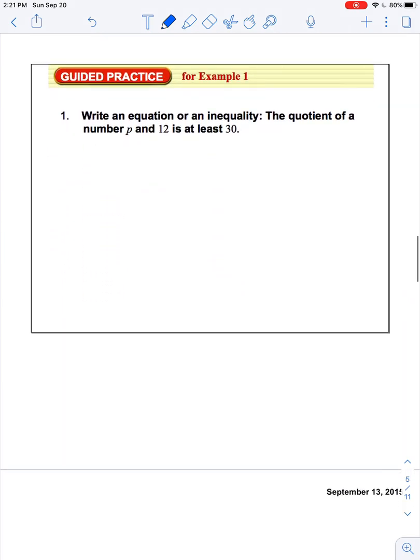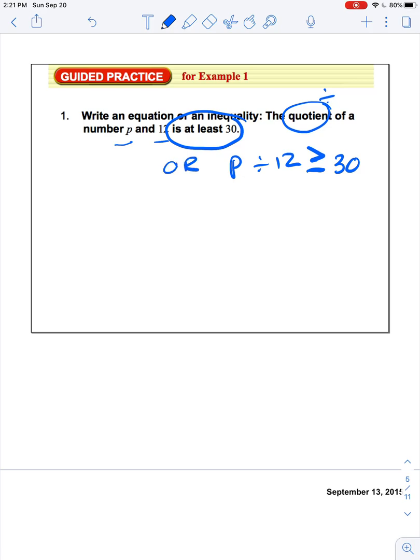Write an equation or inequality. Okay, quotient. So I'm thinking division of a number p and 12. So I'm going to do p divided by 12 and then is at least 30. Can it be 30? Yes, if it has to be at least 30. So greater than or equal to 30. Or my other option would be p divided by 12 greater than or equal to 30.